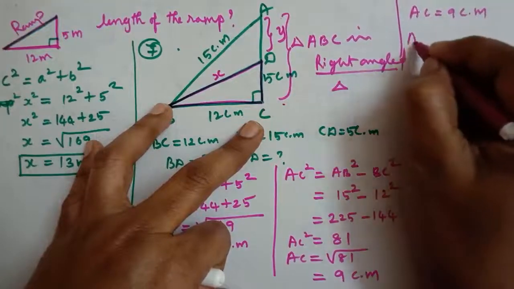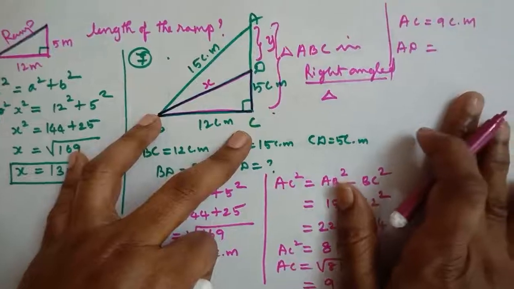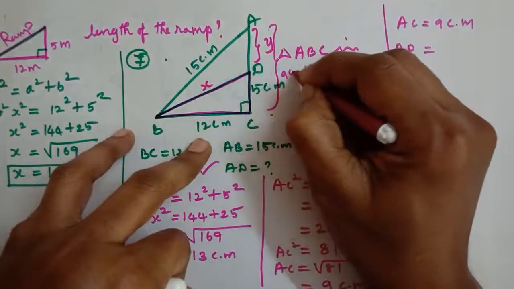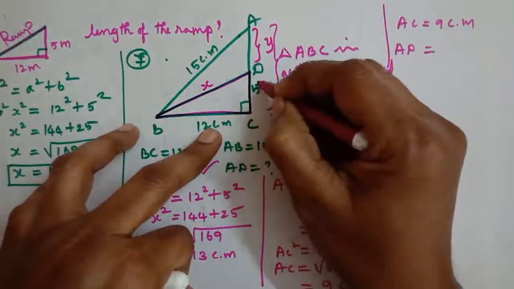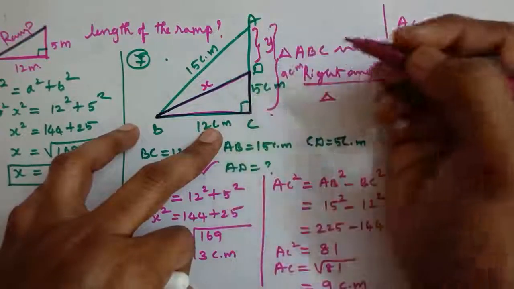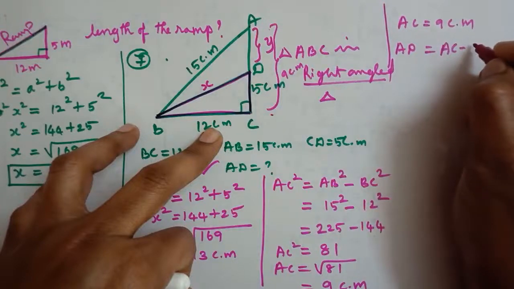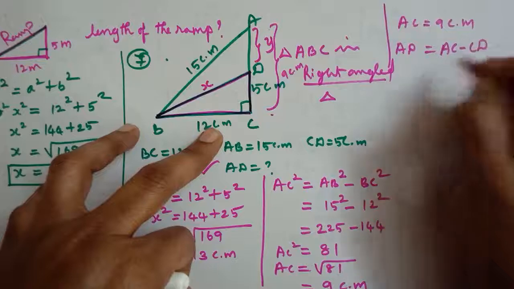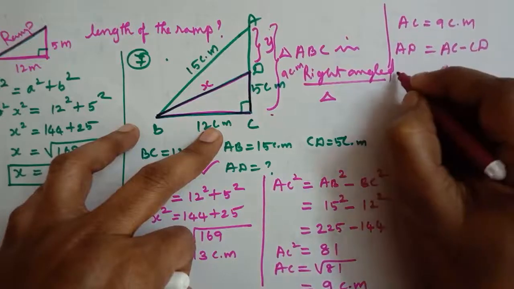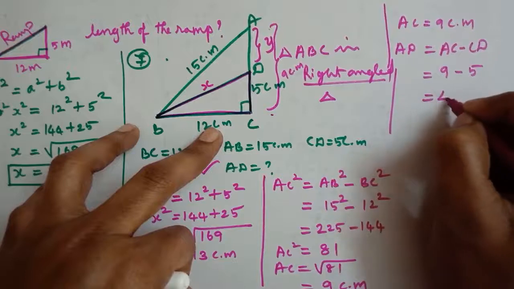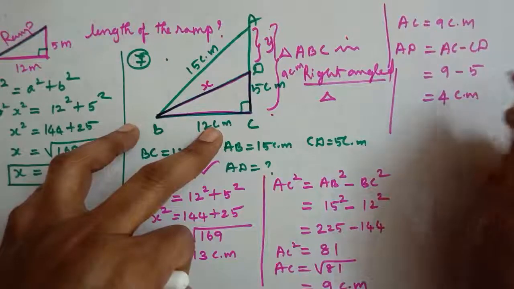But we have to find AD only. This total distance AC is 9 centimeter, this distance CD is 5 centimeter, and we have to find AD. How do you find it? AD is equal to AC minus CD, so that is 9 minus 5, which is equal to 4 centimeter.